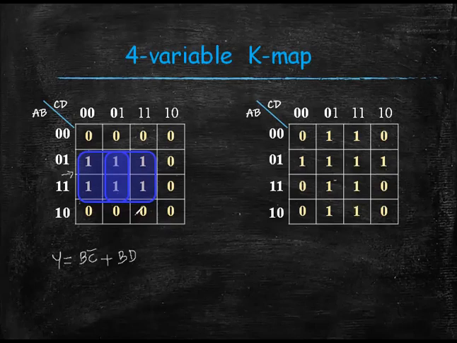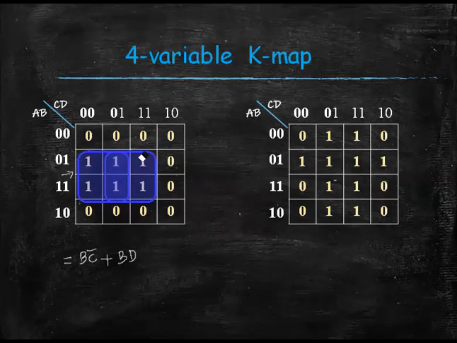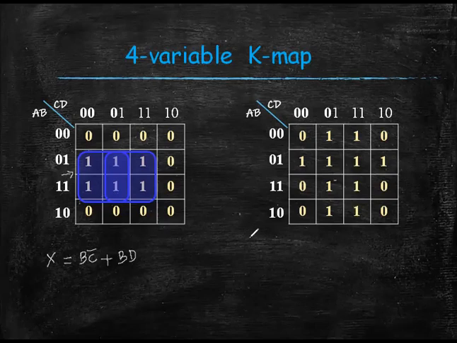This is the result. And the next case, it is not the expression of Y, it is the expression of X. First map is for X, and the second map is for Y. Okay, for that, we can group ones to form an octet, and these four ones can be formed as a quad.